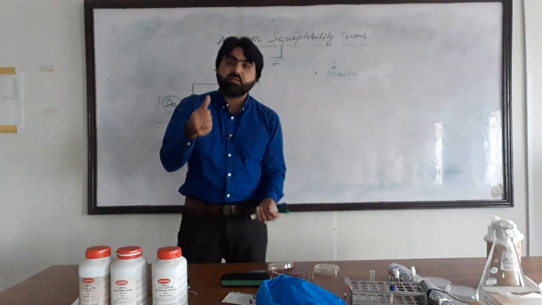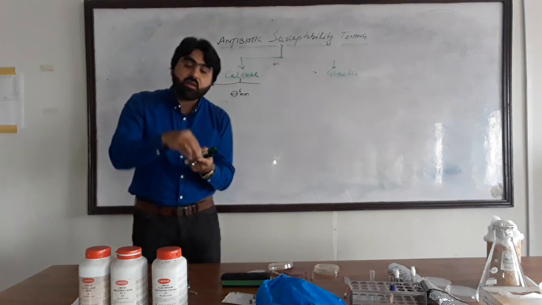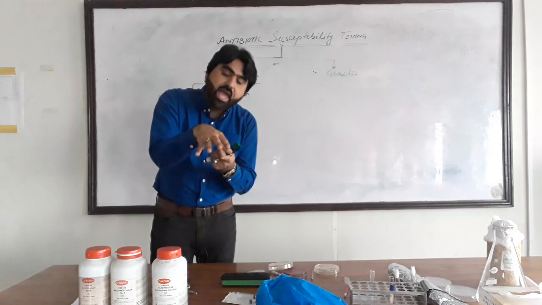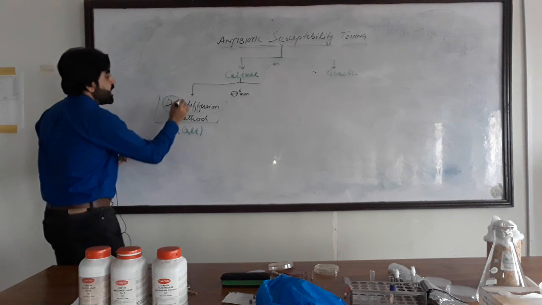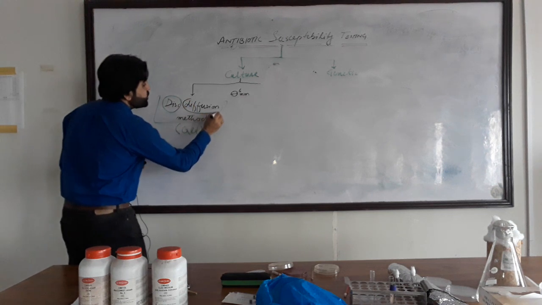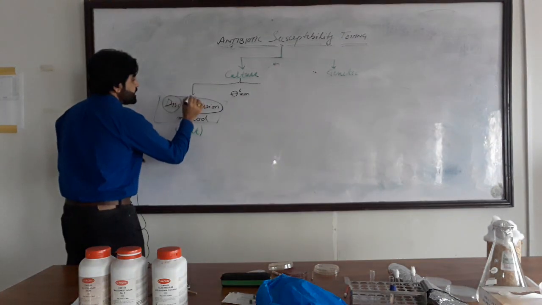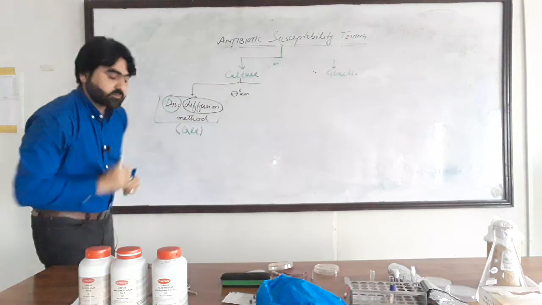Because we apply these discs on the surface of the agar, the antibiotic present in the disc starts diffusing into the agar. Therefore, this method is known as disc diffusion method.